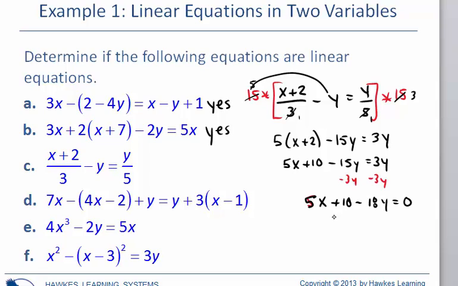And then we'll move our 10 to the other side. And so we have 5x - 18y = -10. And we can see now that that is a linear equation in standard form with two variables. So again, we're going to answer yes to this one.